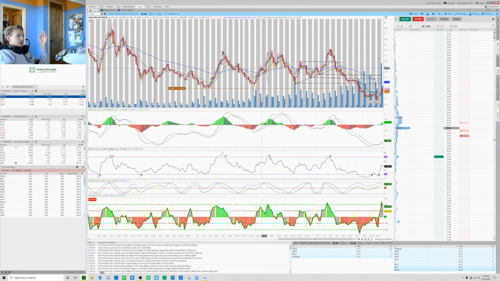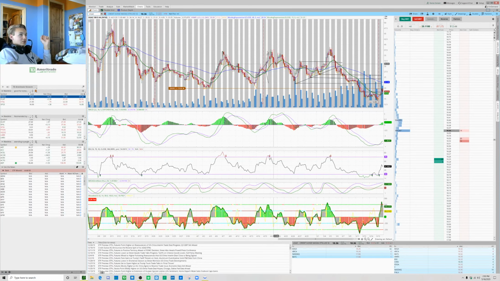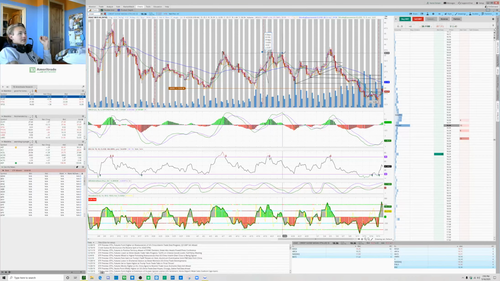The 15 EMA: it does a pullback, goes up, does a pullback, touches here, doesn't cross the 15 EMA, goes up, does a pullback, barely touches it, goes up, does a pullback, barely touches it again. Now you can see that this is also a reversal pattern, which is a head and shoulders.